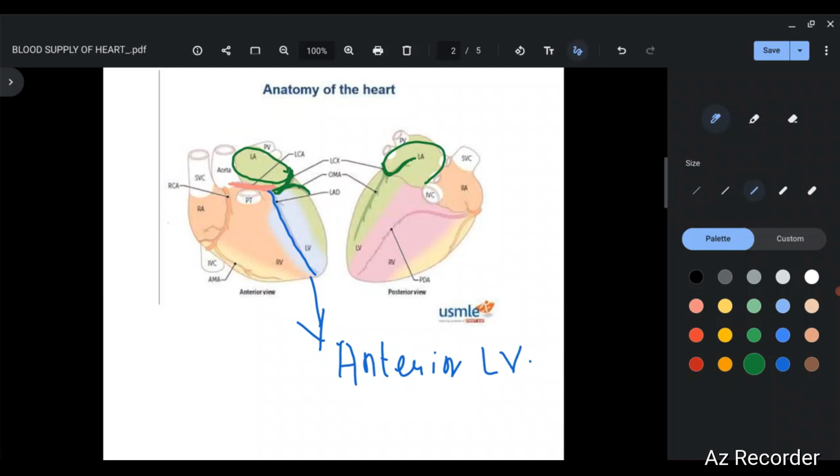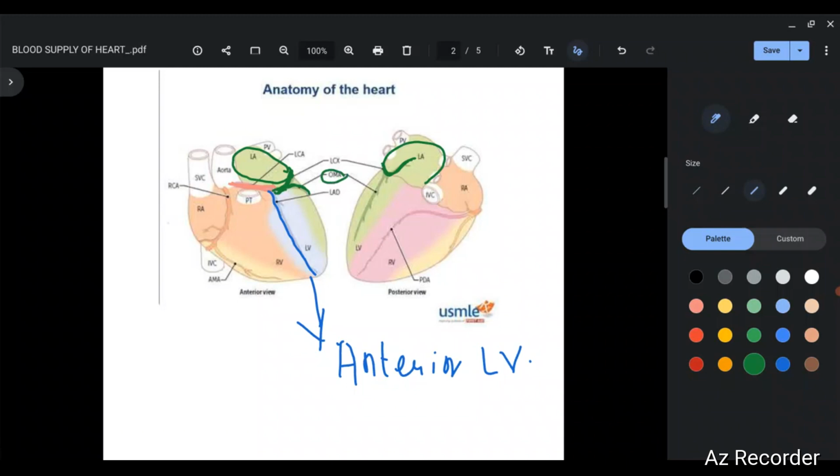Now quickly answer. Which artery supplies the whole of your right atrium, both anteriorly and posteriorly? It's the right coronary artery directly. And which artery supplies your left atrium, both anteriorly and posteriorly? It's your left circumflex artery. Amazing, good job. Then your left coronary artery gives the obtuse marginal artery over here.